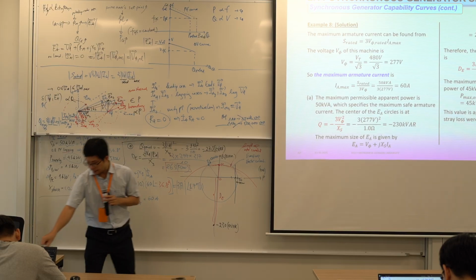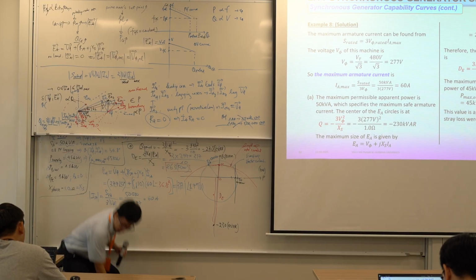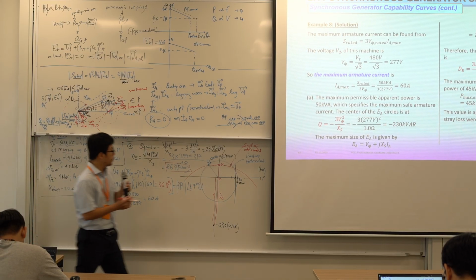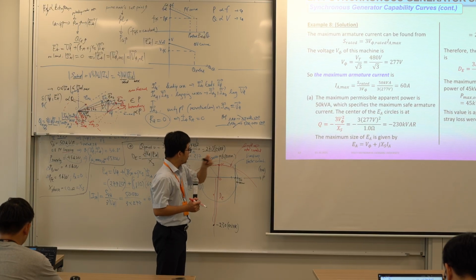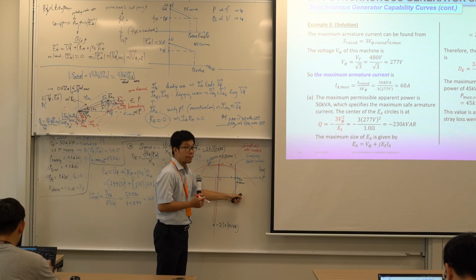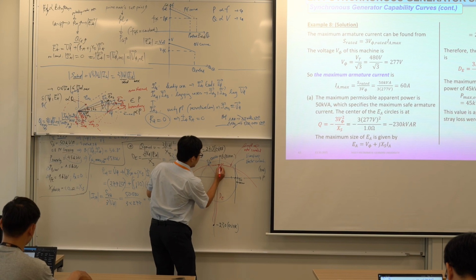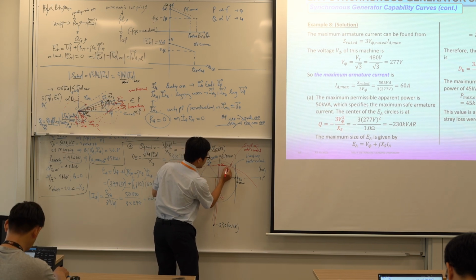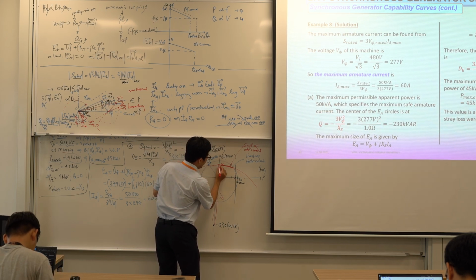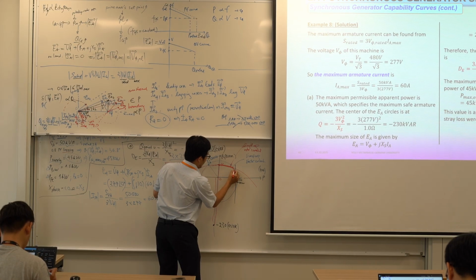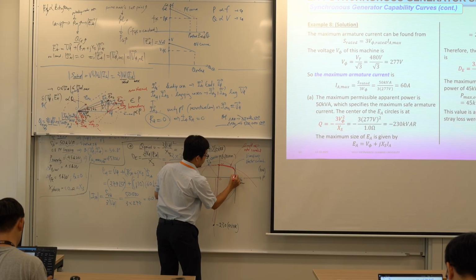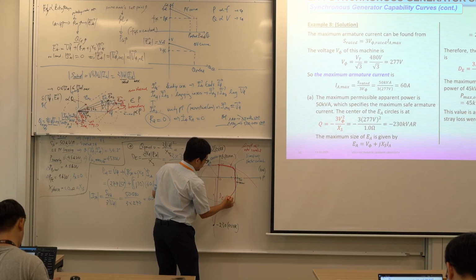And now we combine the limit of rotor current, the limit of stator current, and the limit of prime mover power. You can get the curve like this: start here, then follow curve 2, then follow this one, then back to here.